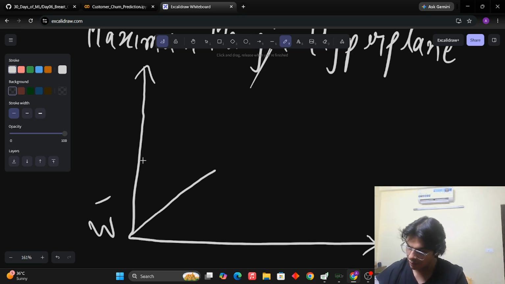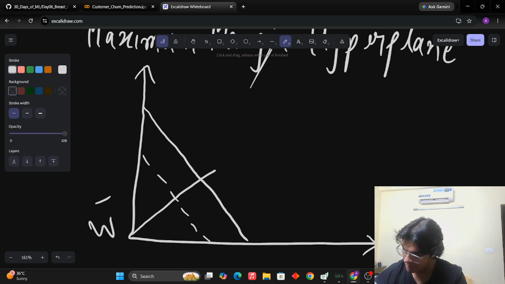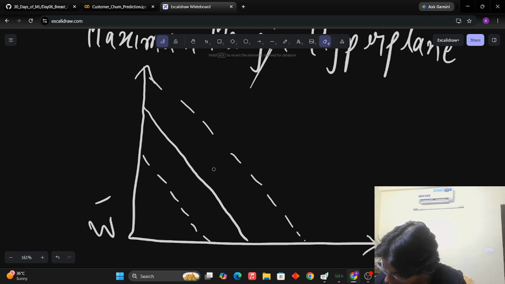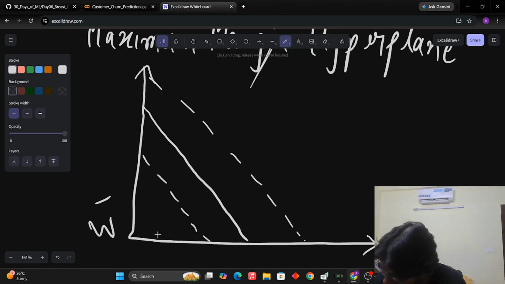And this was our dotted line that we drew for the support vectors on the benign side. And this is the maximum margin hyperplane. And this is the dotted line on the other side, the line for the other side. This is nothing but the weight vector.